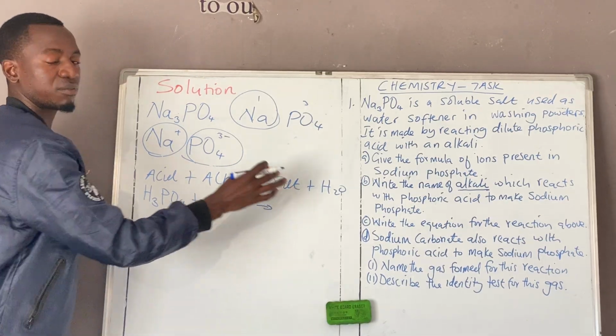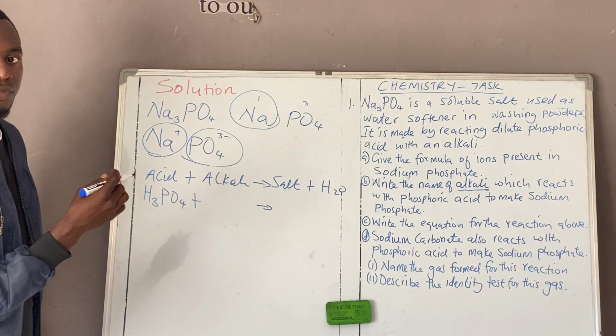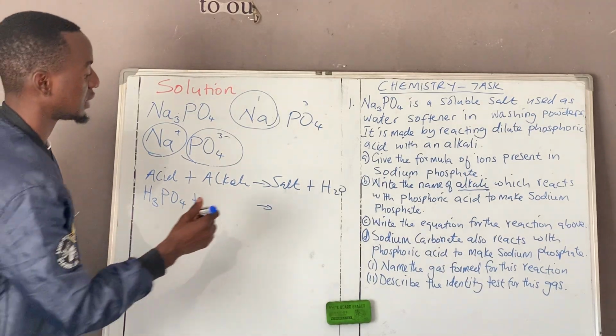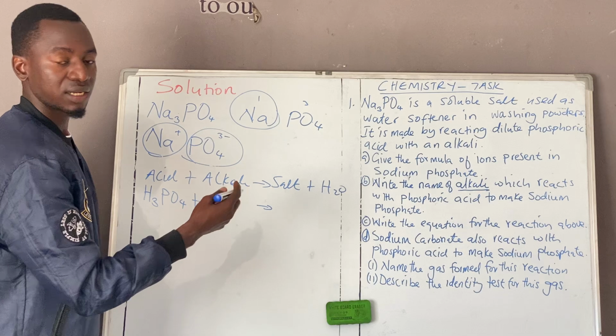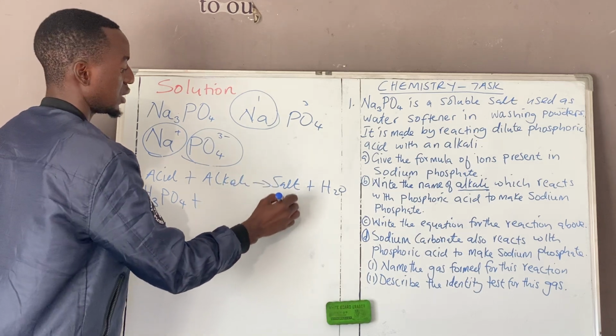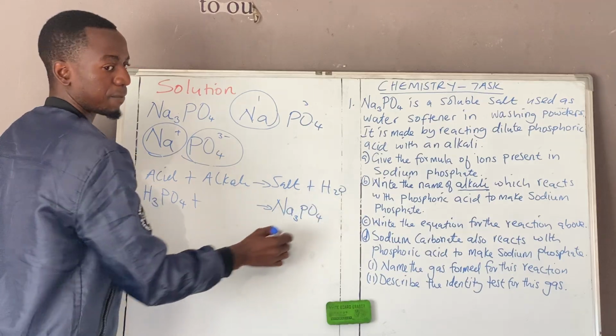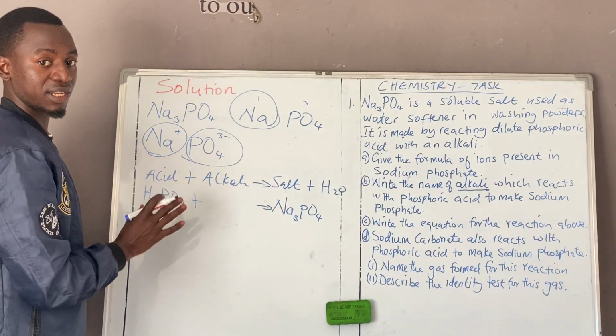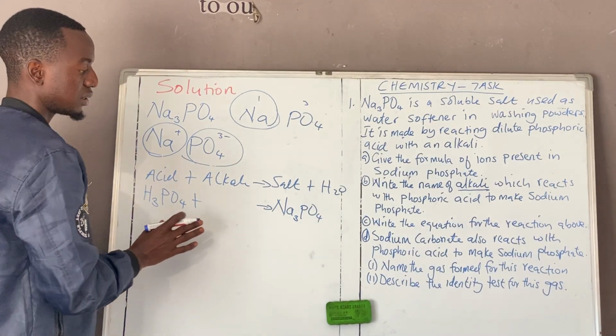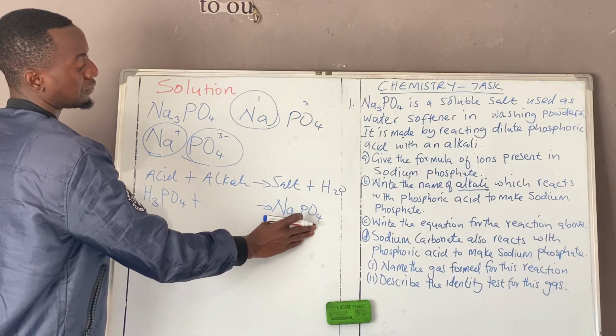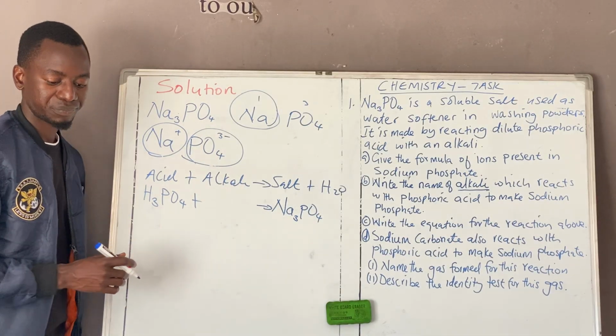What is the name of the salt formed here? Sodium phosphate. How do we write sodium phosphate? Na3PO4. Stop writing and pay attention here. Na3PO4. Then plus what? Plus water.